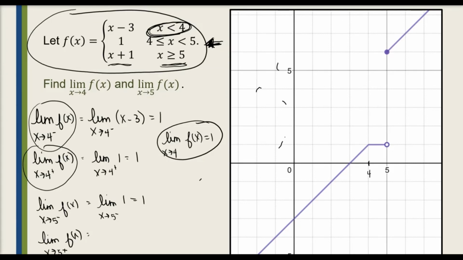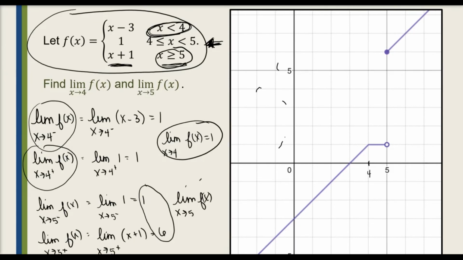Well, when x is immediately to the right of 5, the function is defined to be x plus 1. So this is the limit as x approaches 5 from the right of just x plus 1, which would be 6. And so now you see the limit as x approaches 5 from the left and the limit as x approaches 5 from the right are not the same thing. So that means the limit as x approaches 5 of f of x does not exist.